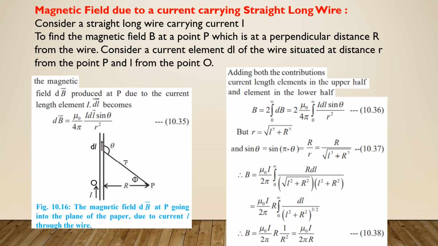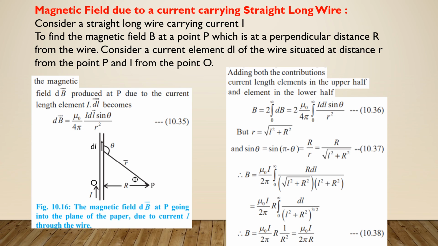Substituting this value and taking R outside the integral sign as it is a constant, we get B is equal to mu 0 I R upon 2 pi integral dl upon L square plus R square raised to 3 by 2 within the limits 0 to infinity.